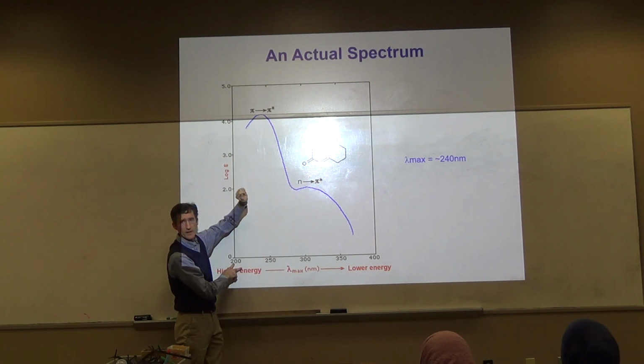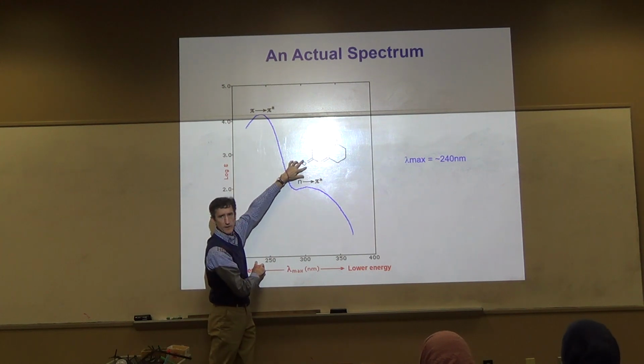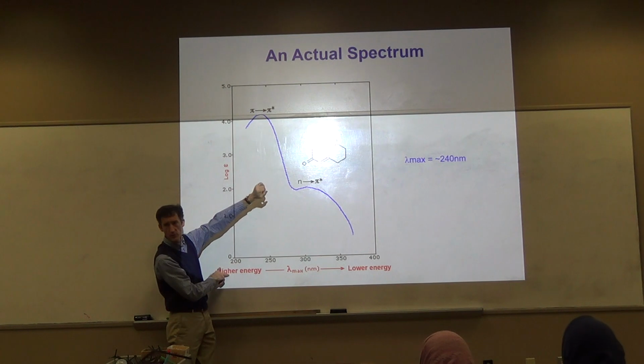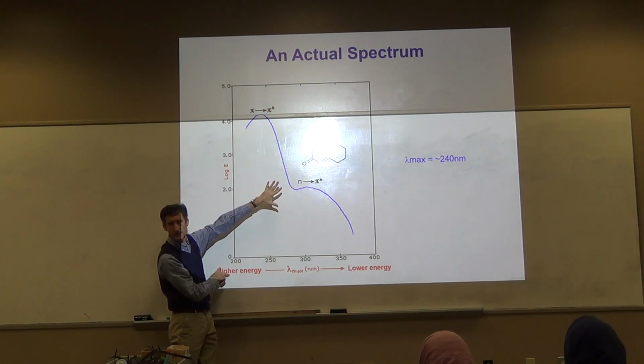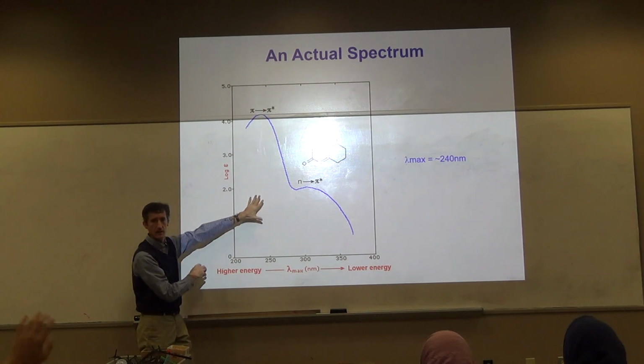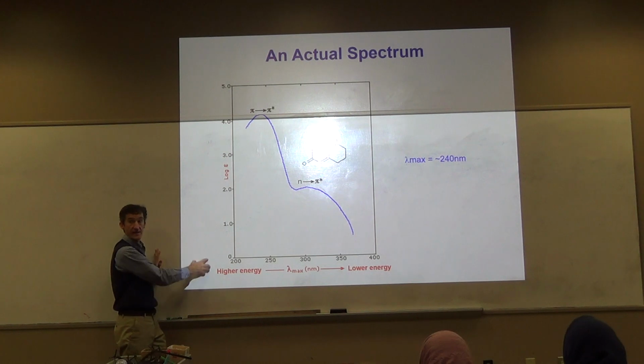Yes. Does it have non-bonding electrons? Yes, two lone pairs on the oxygen. This molecule also has sigma electrons, yeah? Where would the sigma electron excitation be? Even higher energy. Maybe over here in the vacuum UV, which we actually didn't scan.